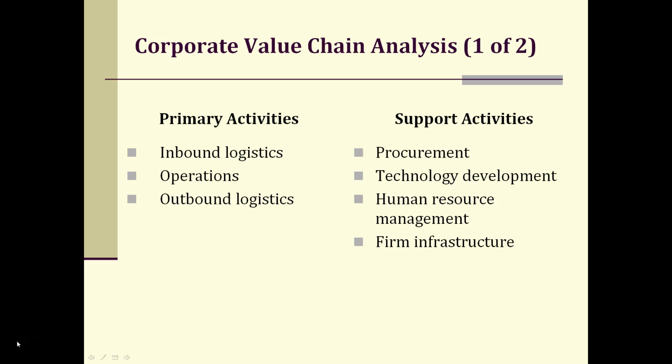Several support activities such as procurement or purchasing, technology development, R&D, human resource management, and firm infrastructure, accounting, finance, strategic planning, ensure that the primary value chain activities operate effectively and efficiently.